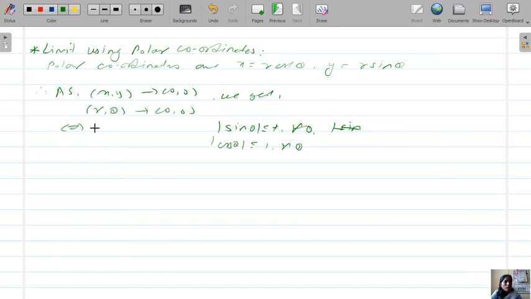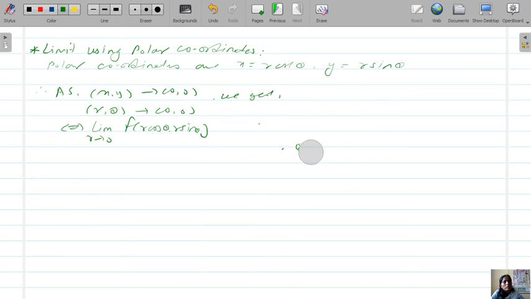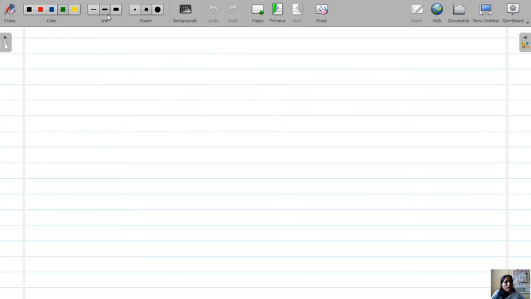That is equivalent to limit r tends to 0 of f of r cos theta, r sin theta. Simplify this and you will get limit (x,y) tends to (0,0) of f of x y. So let us see an example.